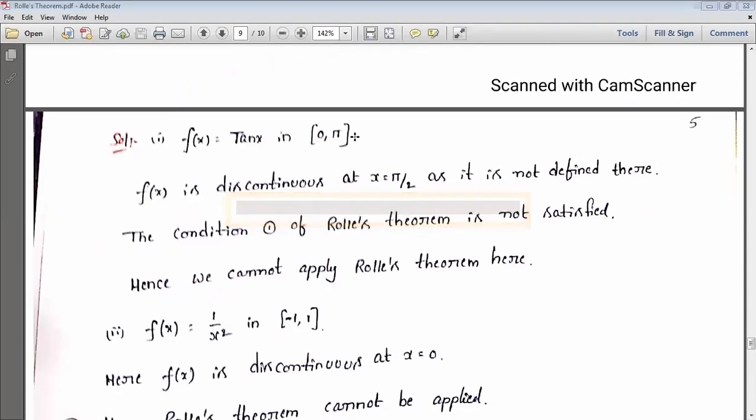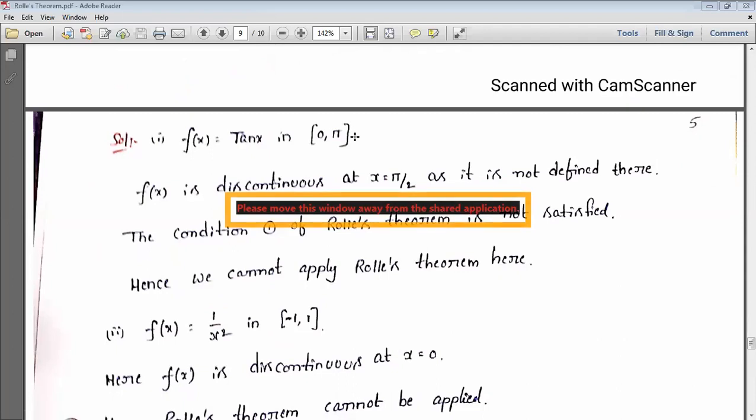So this is the interval. What I said is, if we are saying the function is continuous, it should satisfy the conditions for all the values in that interval. Here 0 comma pi means each and every value should satisfy, including 0 and pi. If you put it in place of x, that should be satisfied.